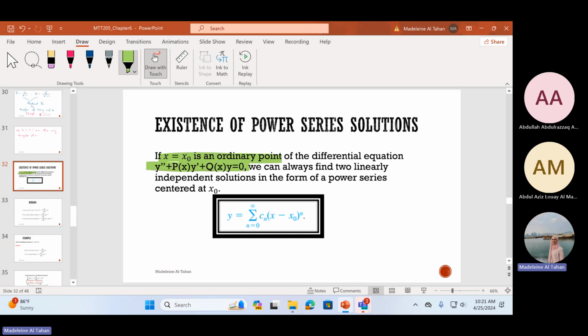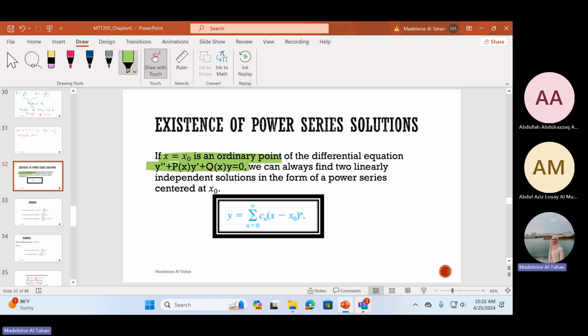We can find two independent solutions by substituting instead of y the summation from 0 to infinity of Cn (x minus x1) to the power n. So if x equals 1 is an ordinary point, we can have a power series solution of the form sigma Cn (x minus 1) power n. And if we have x equals -1 as an ordinary point, we will have sigma Cn (x plus 1) power n as a series solution.